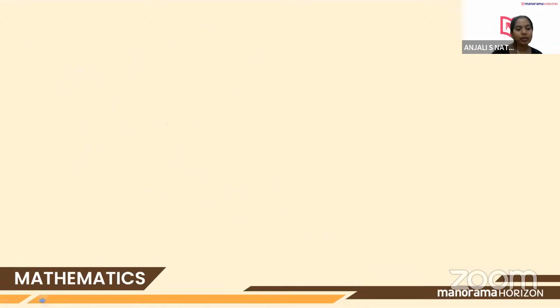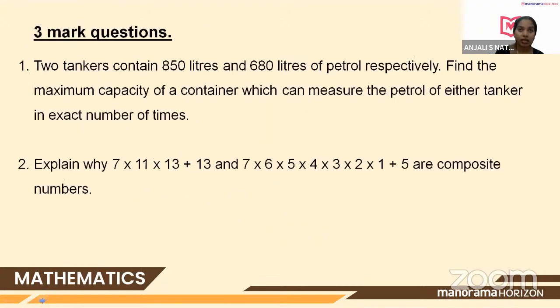Also, if the question contains highest, greatest, or something like that, then you have to find the HCF. And if it says minimum, shortest, smallest, something like that, then you have to find the LCM of those numbers. If that is clear, then you will be able to do all problems related to LCM and HCF.